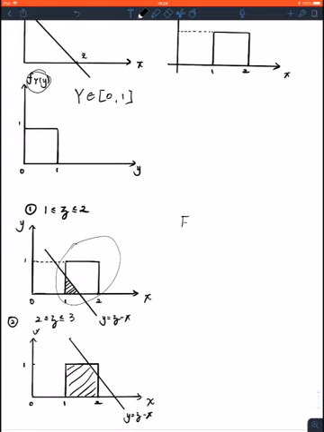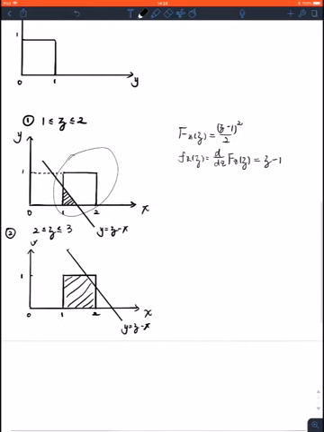And we know that the capital F_Z(z) equals (z-1) to the power of 2 divided by 2. And then we can use the definition of the density function, f_Z(z) equals d by dz of F_Z(z), and that should be z minus 1. And that's the case when Z is ranging from 1 to 2.